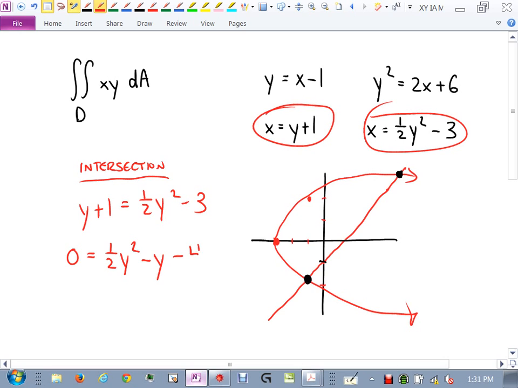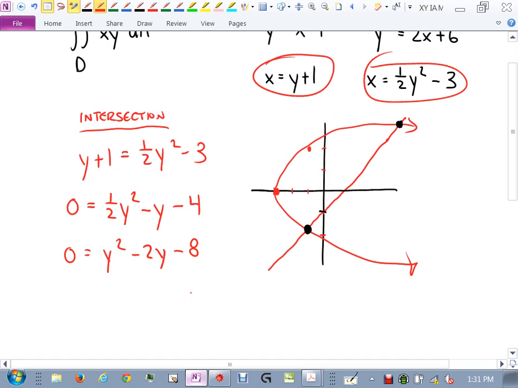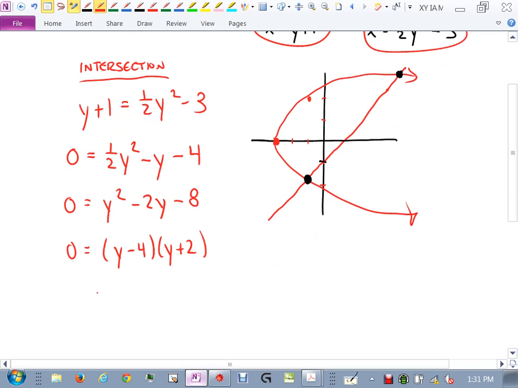I also subtracted 1. Y'all agree? I'll scale everything by 2, so multiply both sides by 2 just to get rid of the fractions. And then that factors to be y minus 4 times y plus 2. And therefore, our two solutions are y is 4 and y is -2.